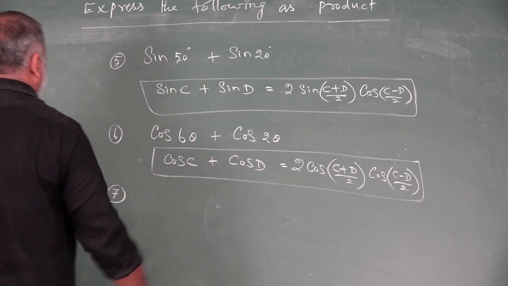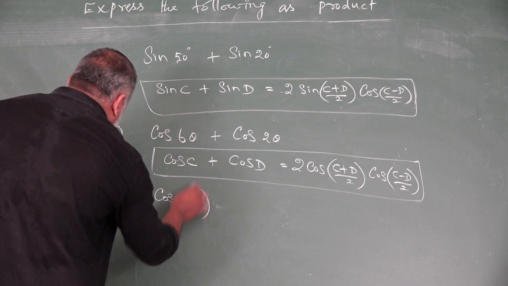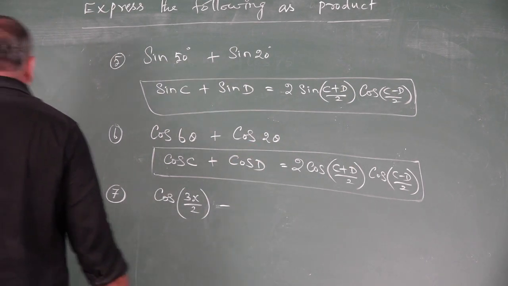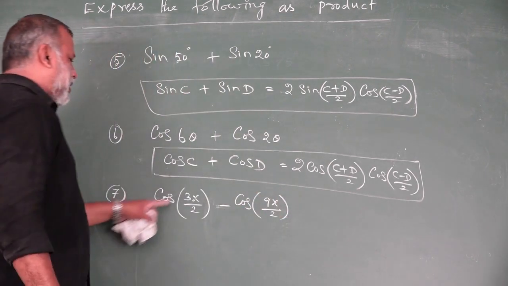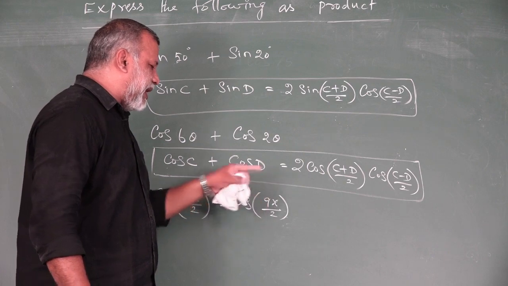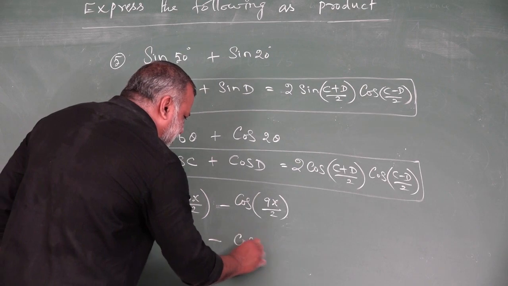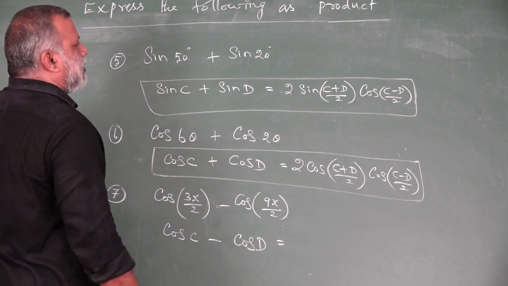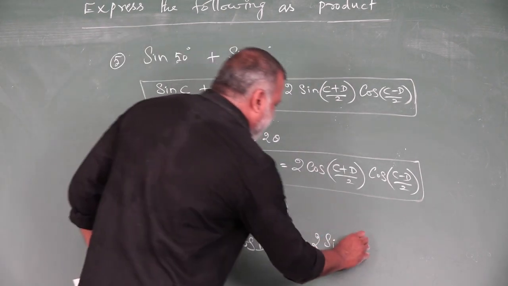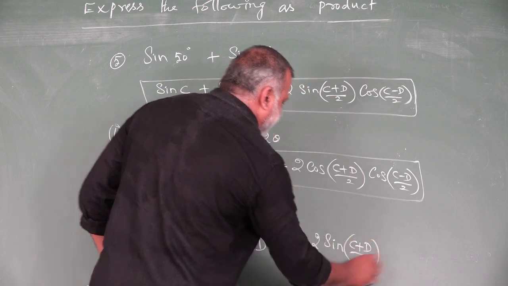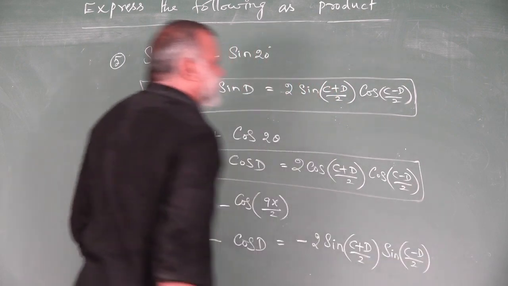Then in the same model, we have one more question. Cos of 3x by 2 minus cos of 9x by 2. Just now we discussed, it is in the form of cos C minus cos D. Cos C minus cos D is equal to minus 2 sin C plus D by 2, sin C minus D by 2.